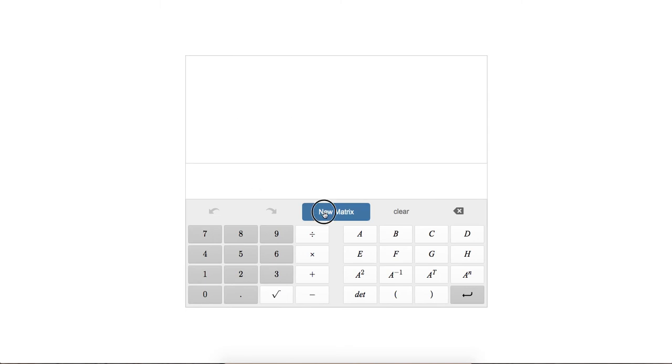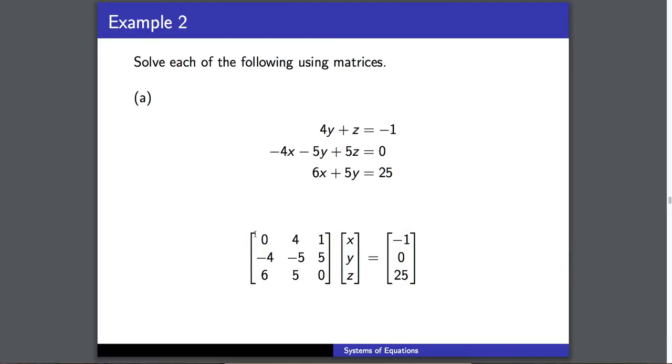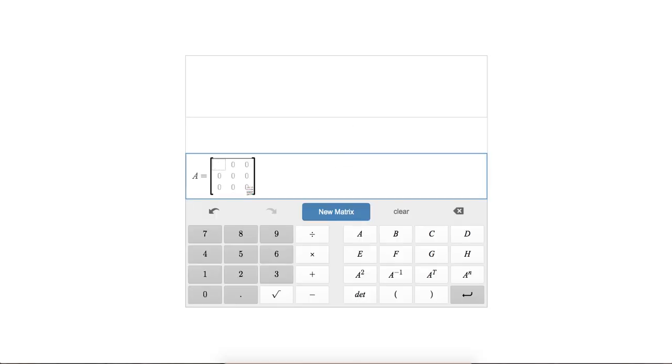So we're going to want to put in a new matrix, and it's 3 rows, 3 columns. So add it, and it even gives us the same A. And we have a couple choices for the names. So we'll go 0, then I think I can just tab. If not, you can just press where you want to go. 0, 4, and 1.